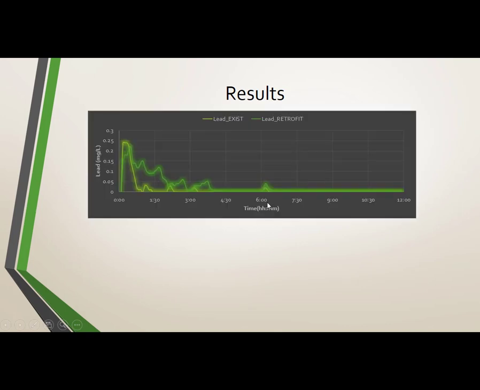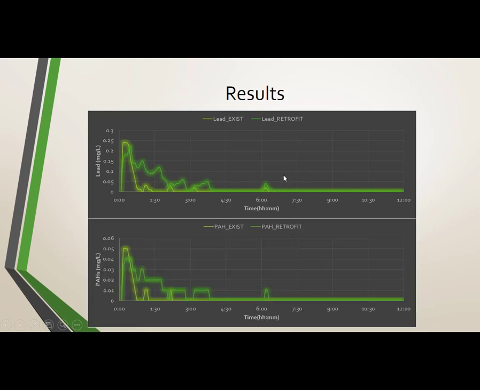Similar results were obtained for lead, in which we can see that the peak concentration is lower for the retrofitted condition, and the average concentration is reduced by the use of LIDs.